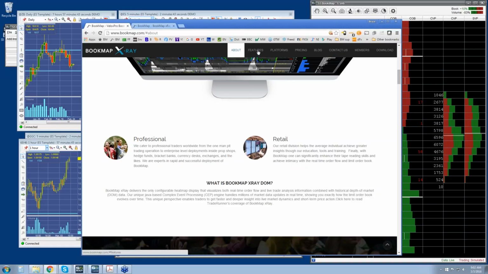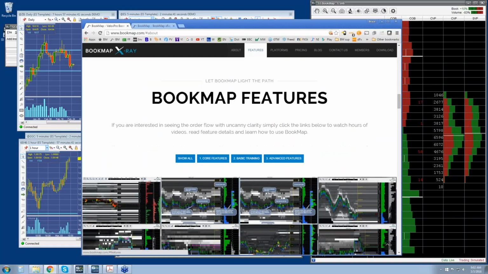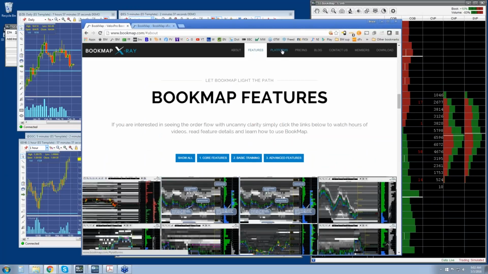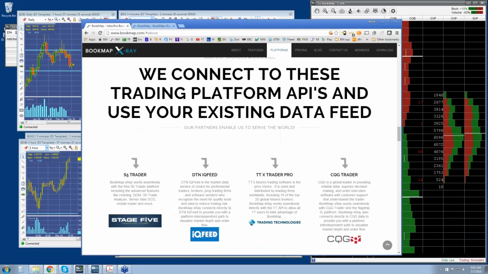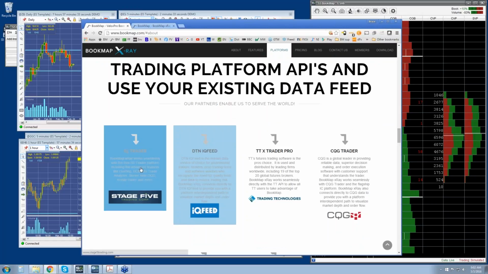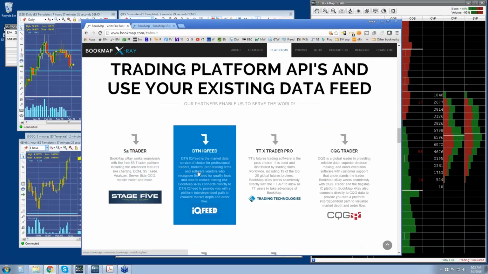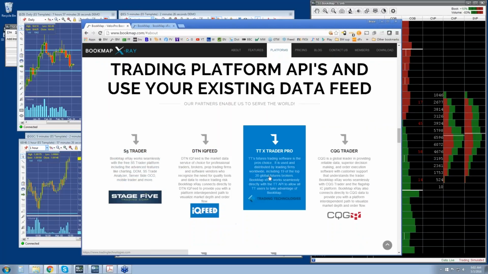And just going through the website here, you see the features and the platforms that we support. S5 Trader through their data feed, DTNIQ just directly through their data feed. If you trade off of TT X_TRADER Pro, it will go through the TT API.